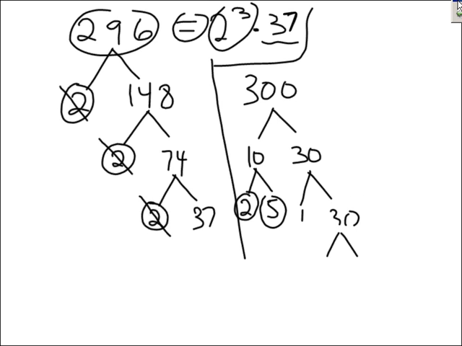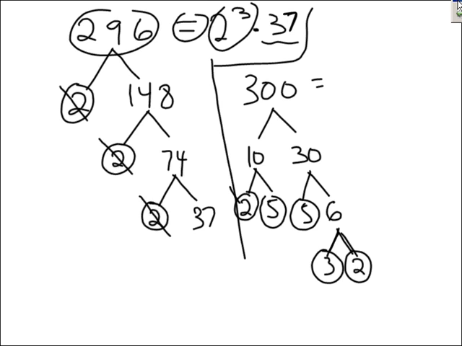But what you could say is 5 times 6, or 10 times 3. Now 5 is prime, but 6 is not. 6 becomes 3 times 2. And both of these are prime numbers, so we're done.